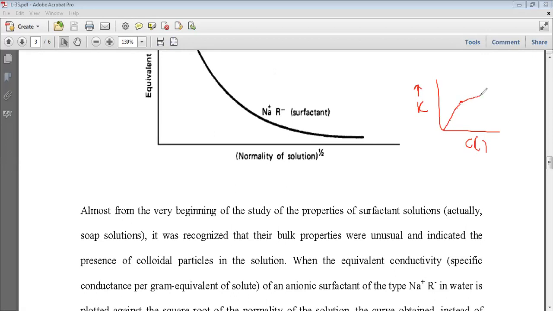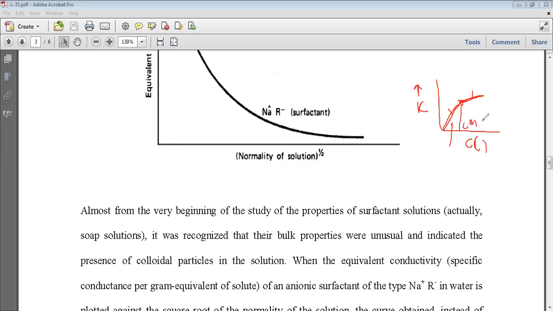It is still increasing, but not as much as was observed in the initial stages. So you get this type of curve. It first is directly proportional, then becomes almost constant. The point at which this break occurs, this is one slope and this is the other slope. So the point of intersection between the two also gives you the critical micelle concentration.